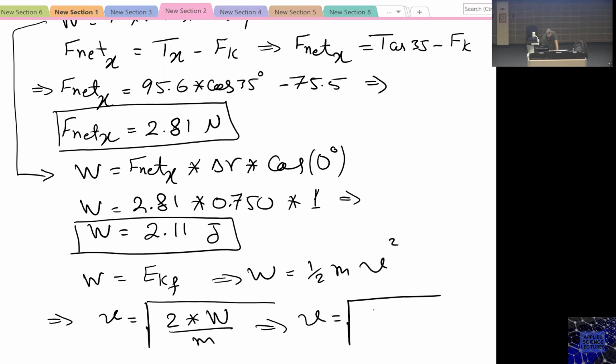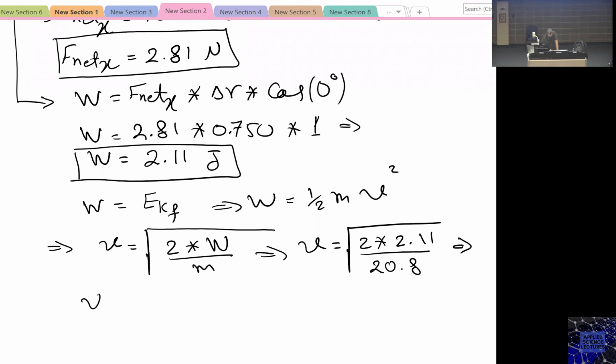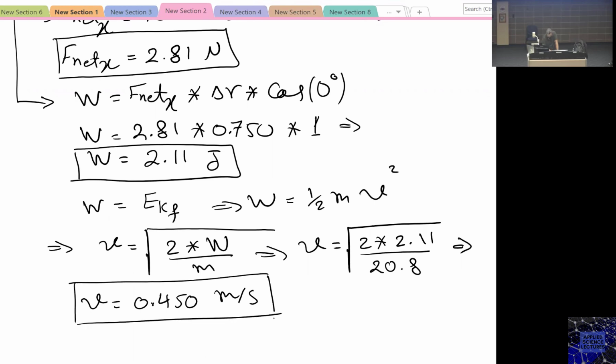V is 2 times 2.11 divided by 20.8. Then V is 0.450 meters per second. So we use the work energy theorem to calculate the speed.